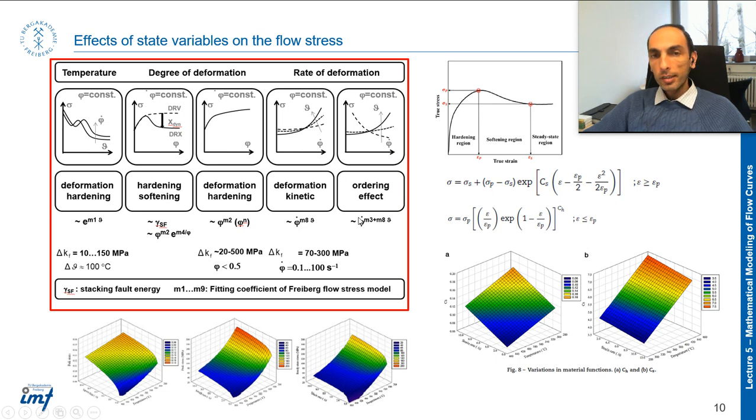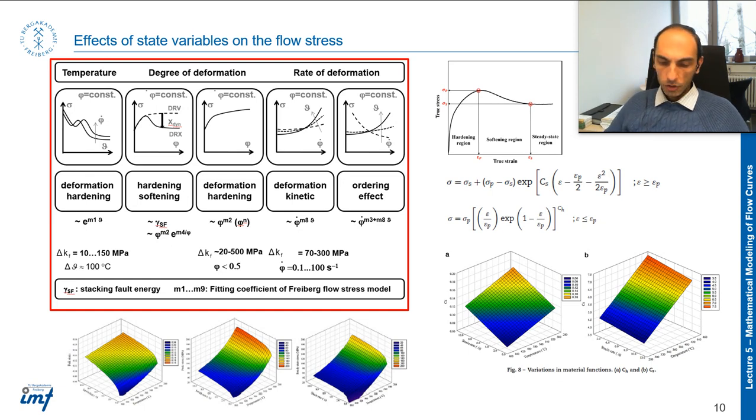And in some cases, not in all cases, but sometimes in ferrite, in aluminum alloys, by increasing the temperature and the strain rate, the flow stress decreases. Okay, this is an example where the behavior is not similar to what we had here, but we have a decrease. It's the result of ordering phenomena, and of course it happens in a special range of temperature, not in a wide range.